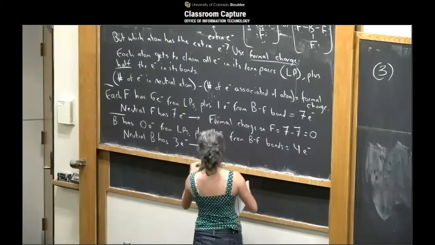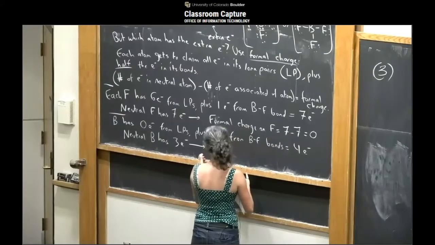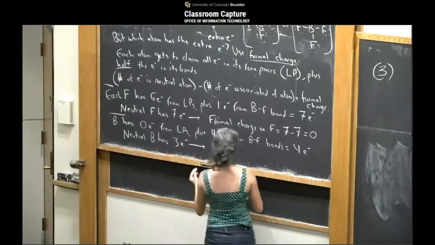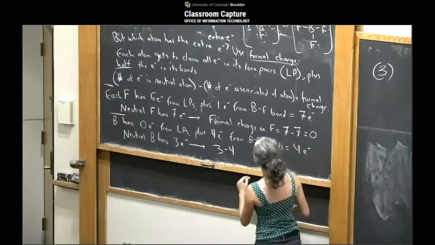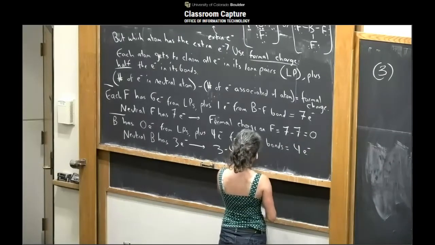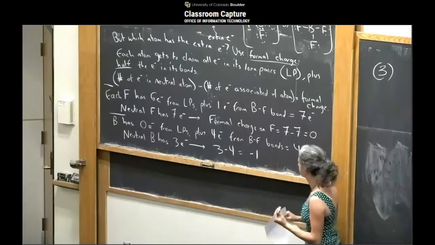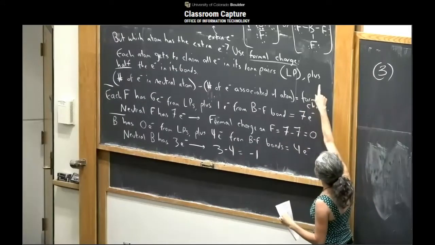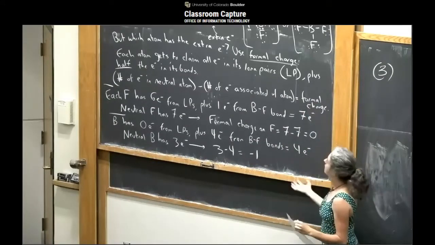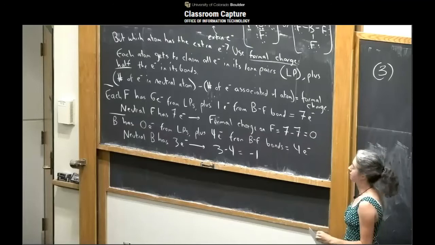Okay, so we can do 3 that it should have minus 4 that it actually does have. Gives us a formal charge of -1. So that tells us that the negative charge in this structure is actually located on the boron officially.